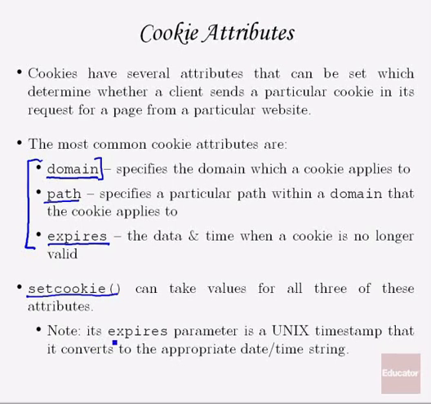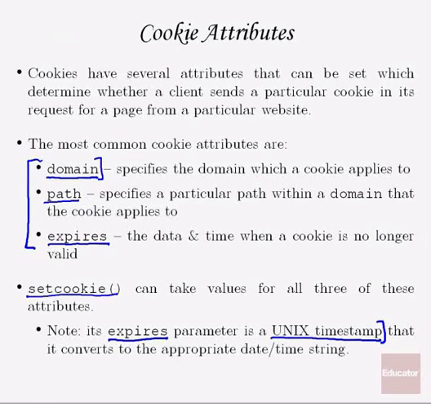One thing to note is that for the expires parameter, it takes a Unix timestamp. However, because in the cookie specification the expires attribute is actually a formatted date string, for example, like Thursday, September 3rd with a time, you specify a Unix timestamp, and PHP automatically converts it to the appropriate format.